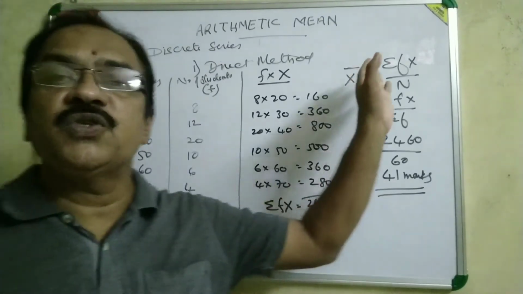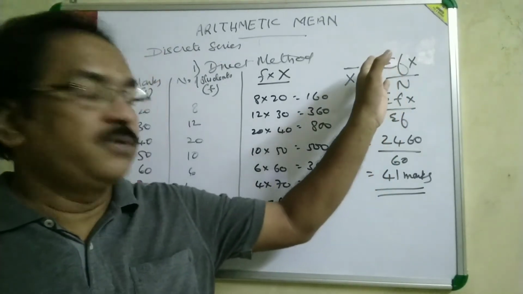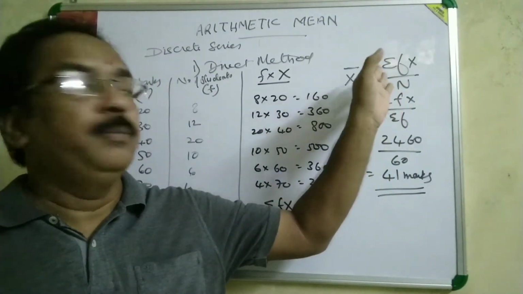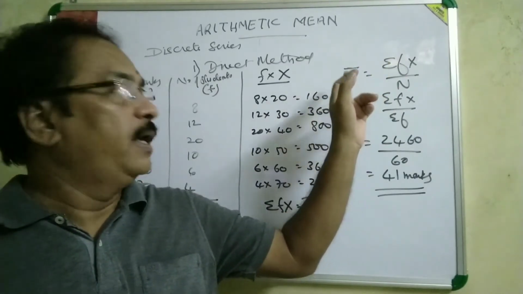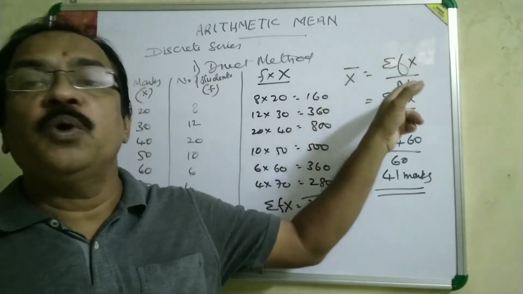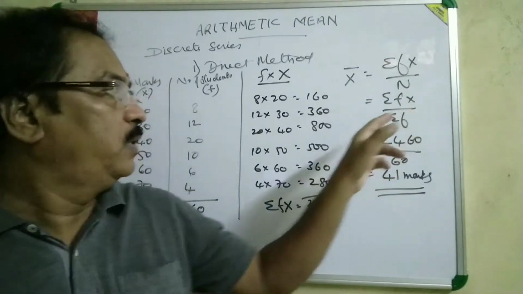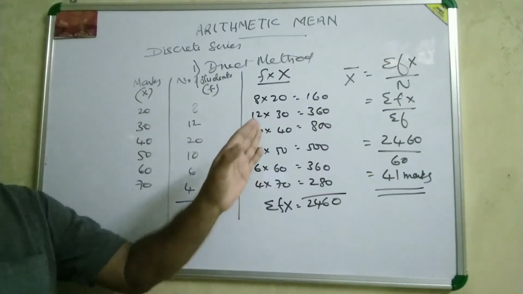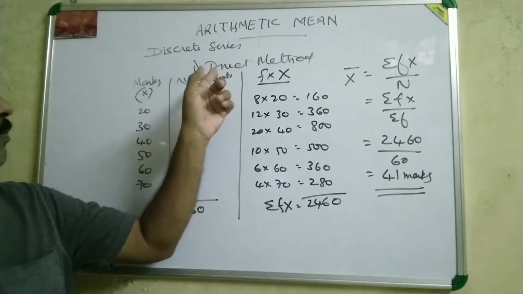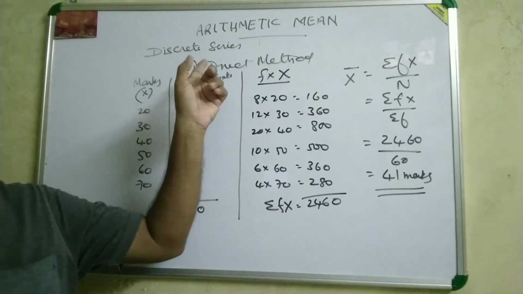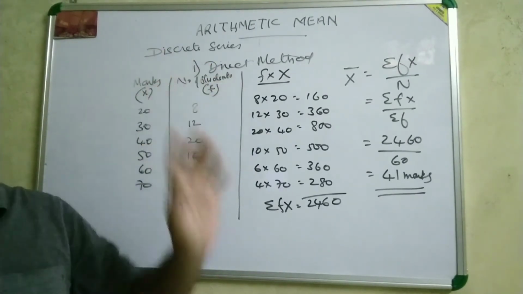Here the formula changes for discrete series. In direct method, the formula is x bar is equal to sigma fx upon n, but instead of n, we are using sigma f. So this is how we will solve under discrete series by direct method.